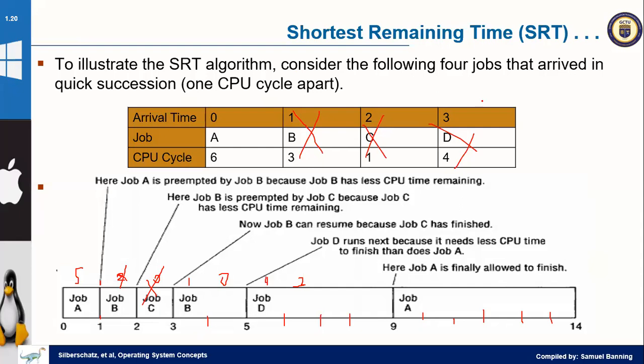In that case, job A has executed 1 in the 0 slot and another one in the 1 slot. So A is left with 4, and now B has come in with a CPU cycle of 4.